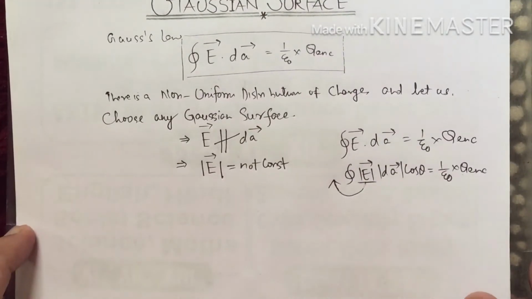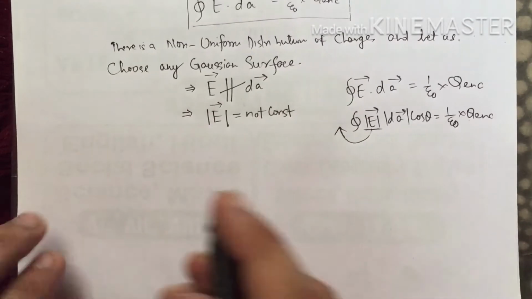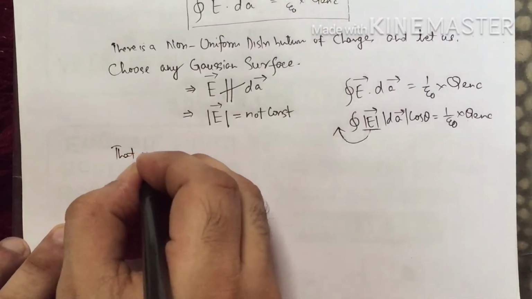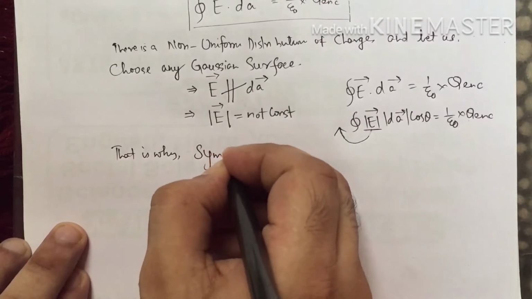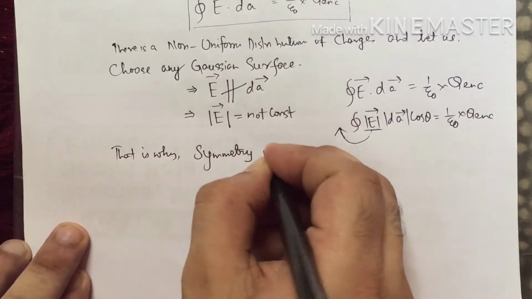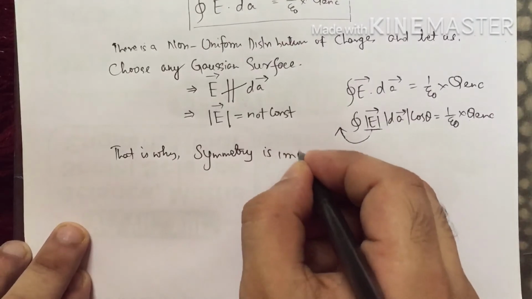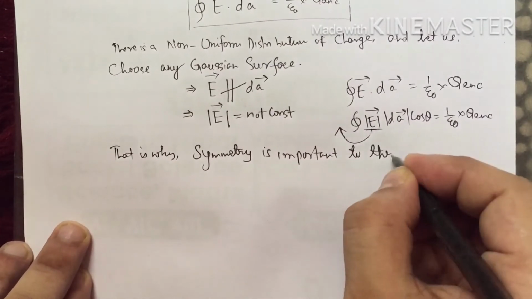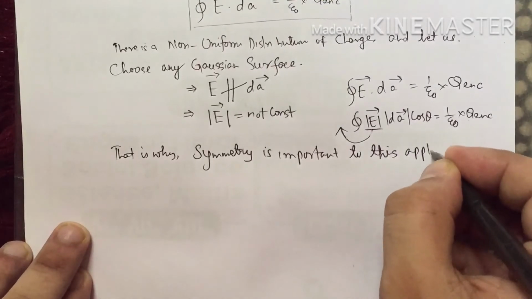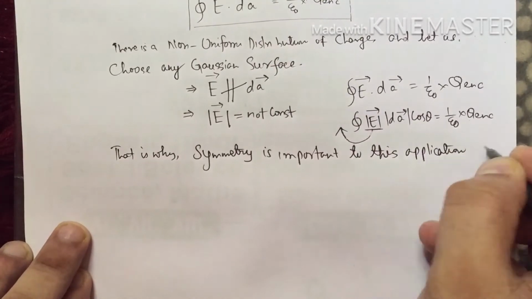So that is why symmetry is important to the application of Gauss's law.